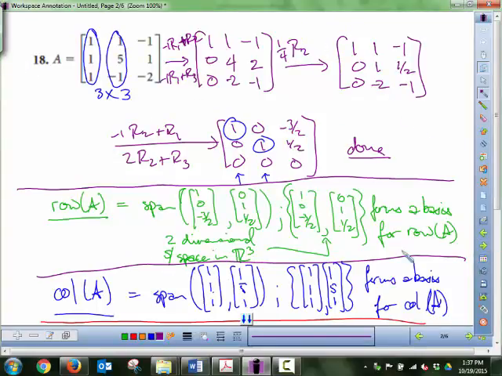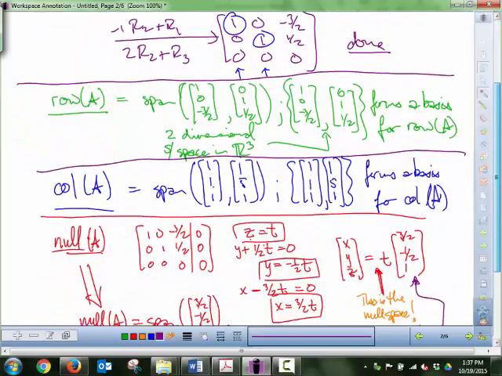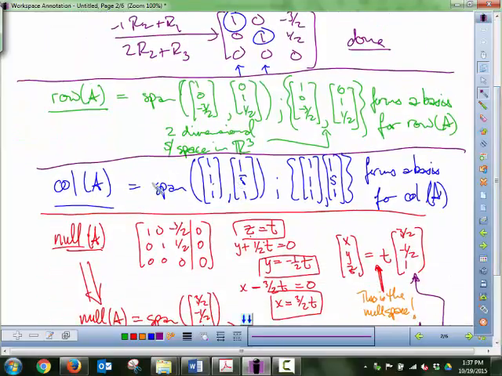The row space and column space are the same here, so you can say in this example that the rank equals 2.